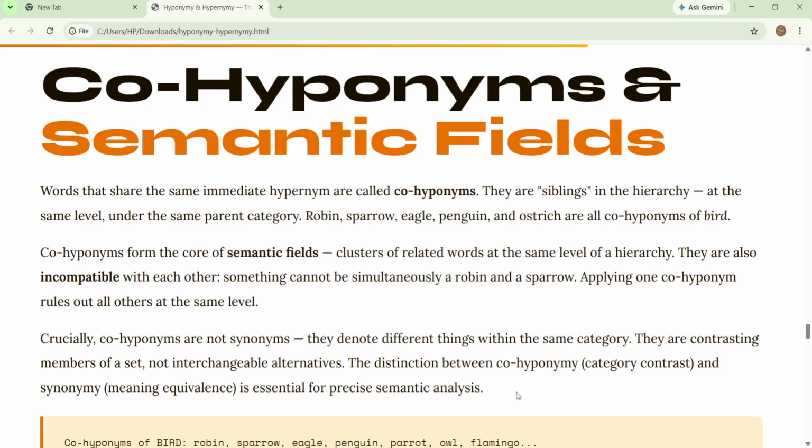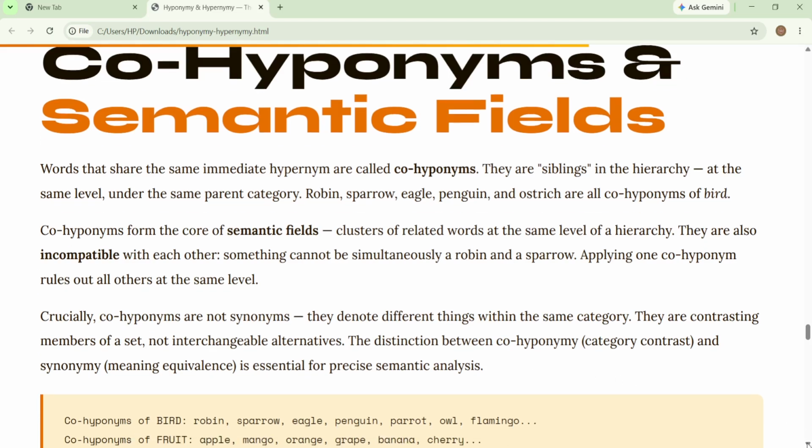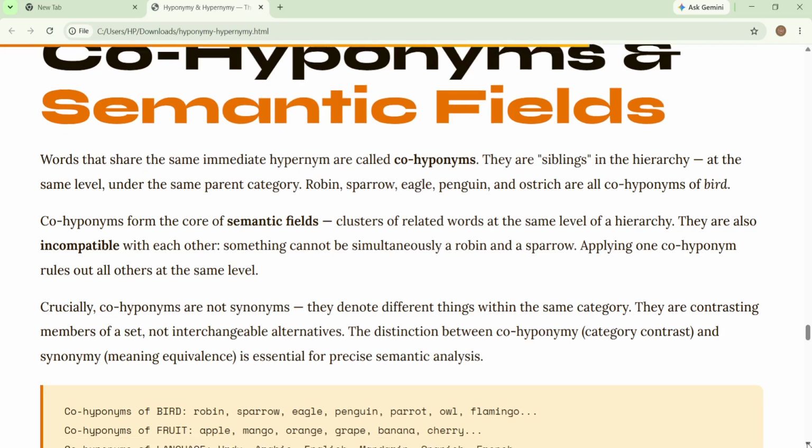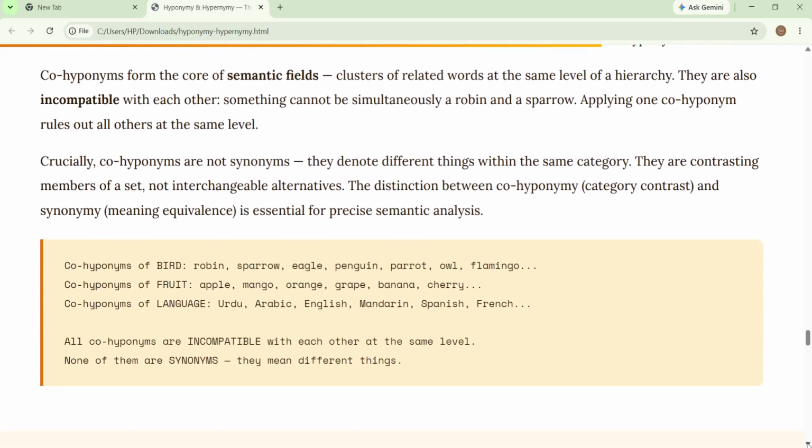The distinction between co-hyponyms and synonyms is essential for precise semantic analysis. Bird has co-hyponyms, which are sparrow, ostrich, eagle, penguin, and many others. They're not synonyms. Synonyms are the same in meaning or similar in meaning.